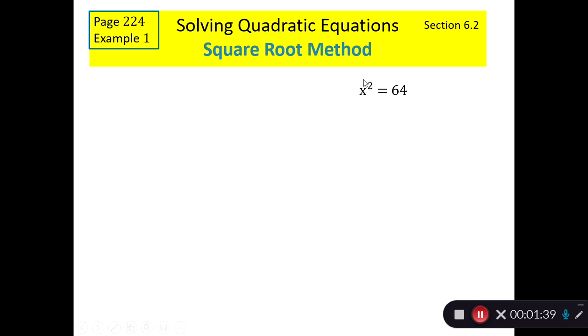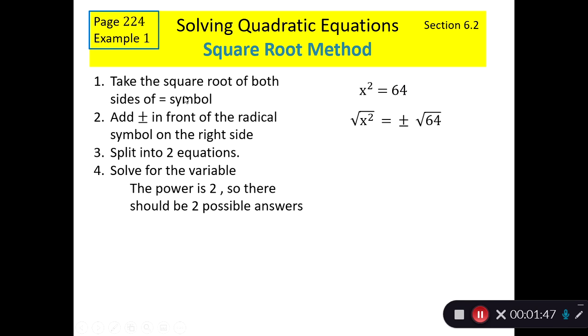So we're going to take the square root of x squared, and you have to do the same exact thing to the other side of the equal sign. So when we talk about this, we'll go over the rules in a second. We're going to do it here on the right first. We take the square root to get the x alone, and we have to take the square root on the right. So we take the square root of 64, but the minute you do that, I want you to write positive, negative right in front of it.